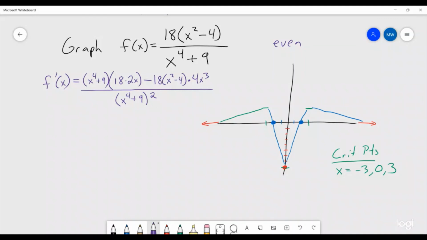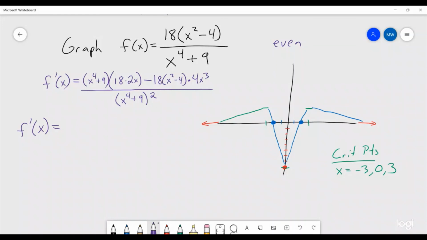So let's actually simplify f prime of x a little bit beforehand. Alright, so after combining a few terms, we can see that the first derivative is going to be the following.